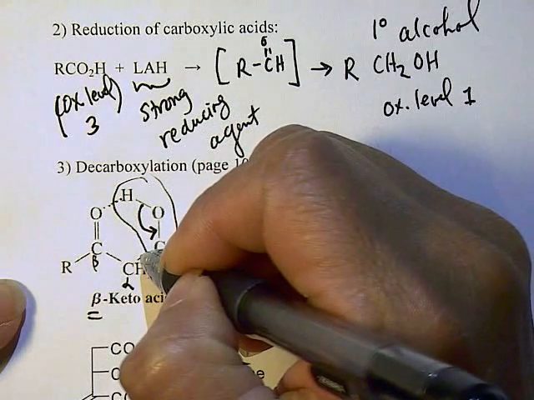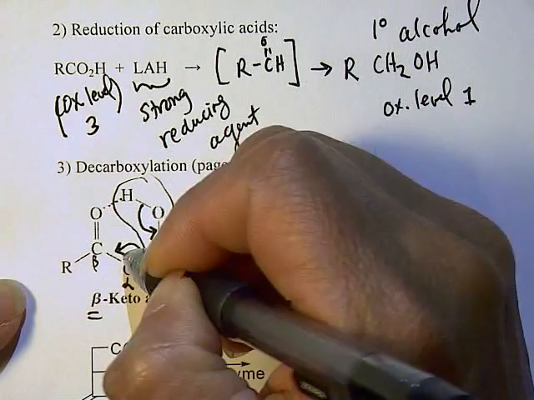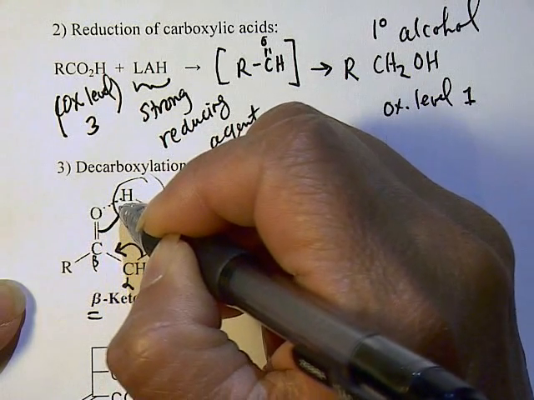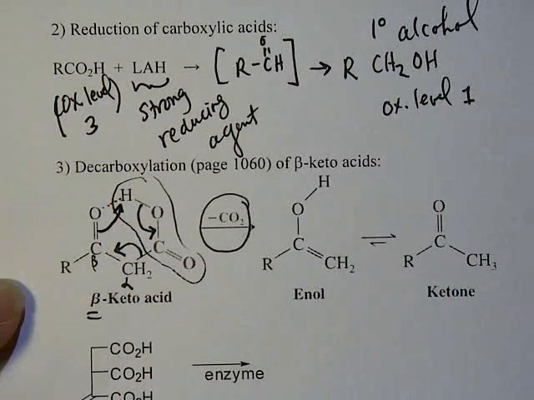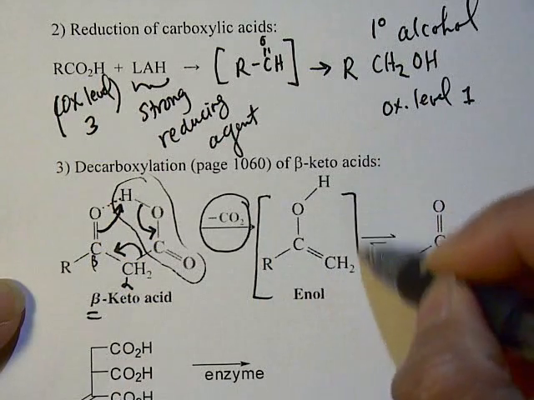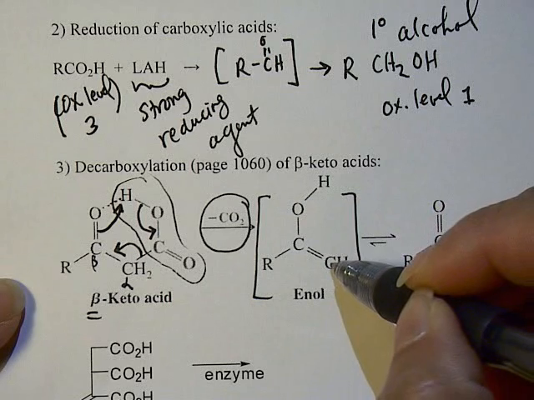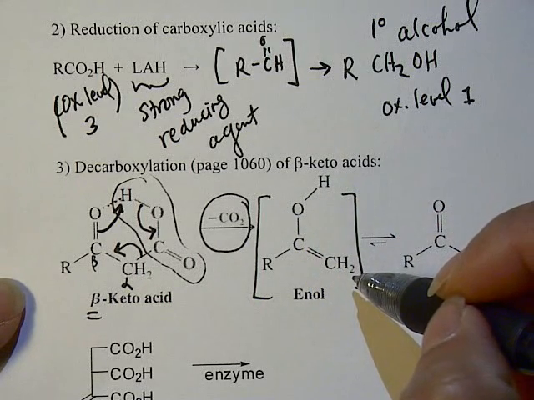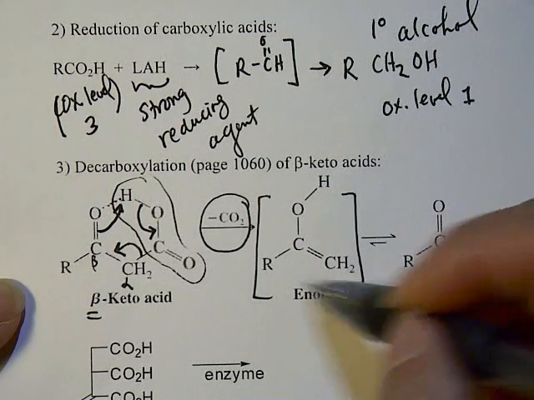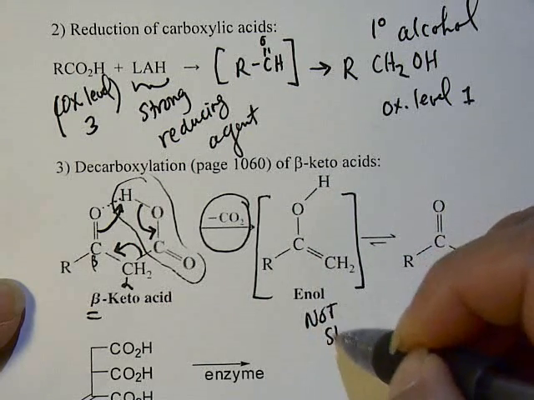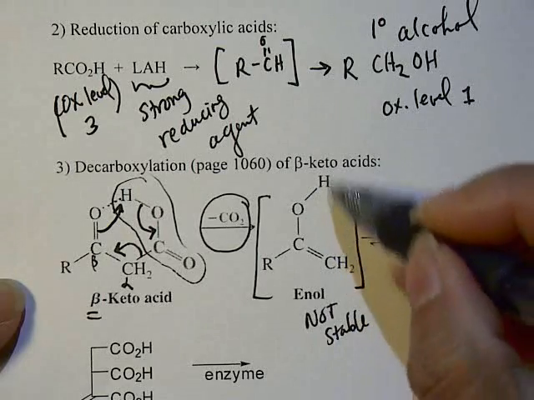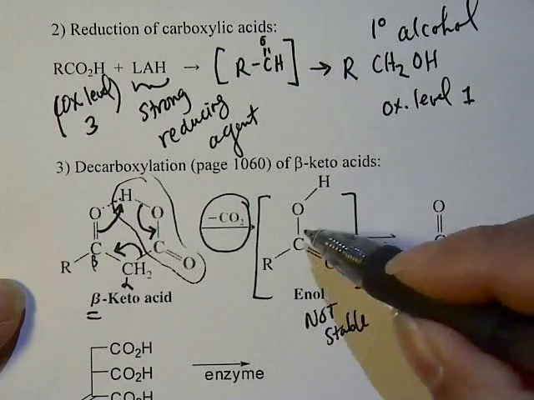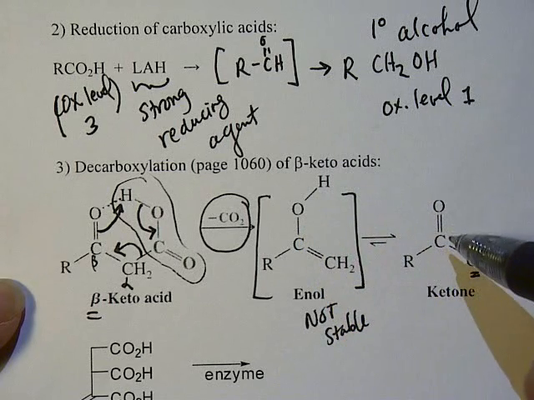Then this bond cleaves and goes next door. At the same time, the C=O grabs the hydrogen. So this is the intermediate, and it's called an enol, which is a C=C bonded to an OH, which we'll be going over in the second part of this unit. But this is not stable, so it's not isolated. There's a tautomerism occurring where the hydrogen hops over to this carbon, and then the C=O reforms.